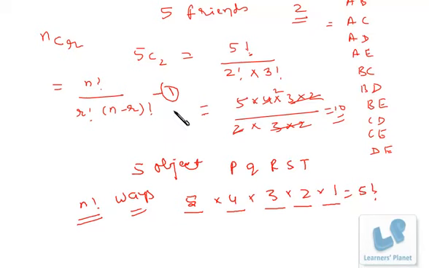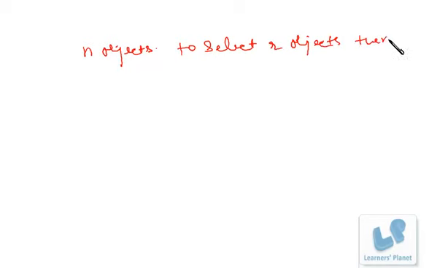Now let's relate the two, this one and this one. Now I'm writing down the entire process. Just listen to me carefully. First of all, I have n objects. I have to select r objects, then arrangement of these objects is to be done.